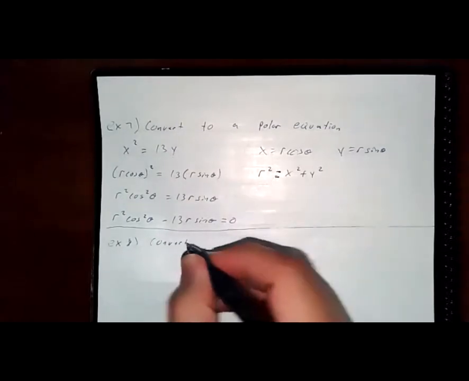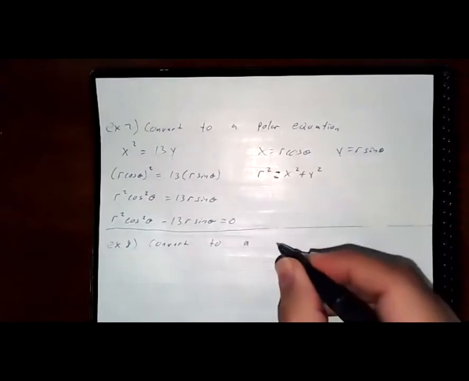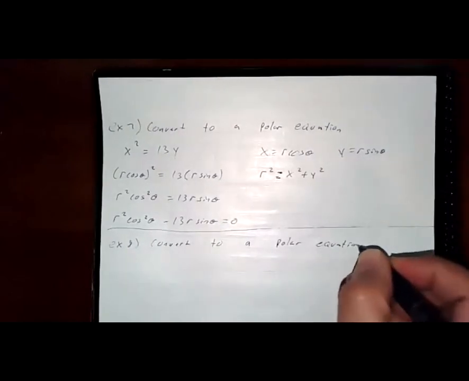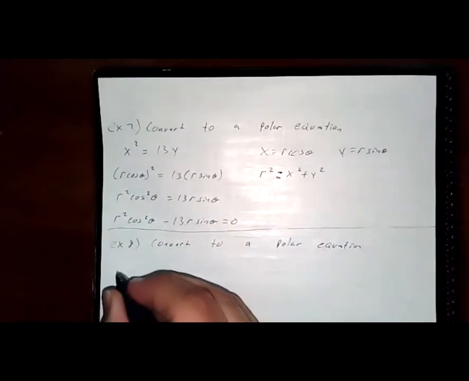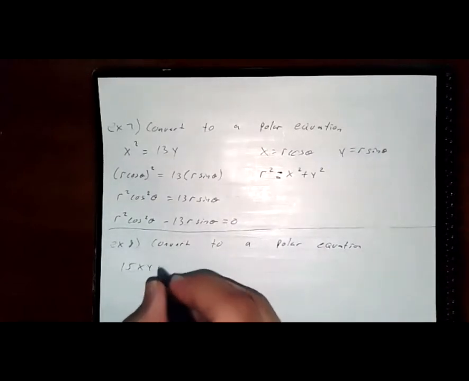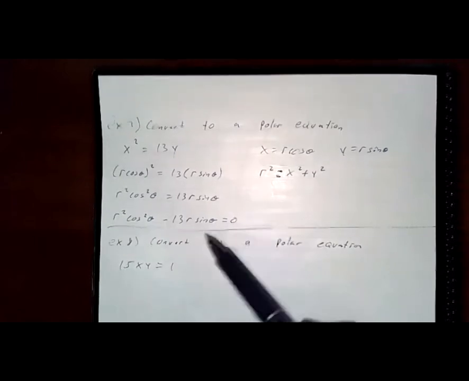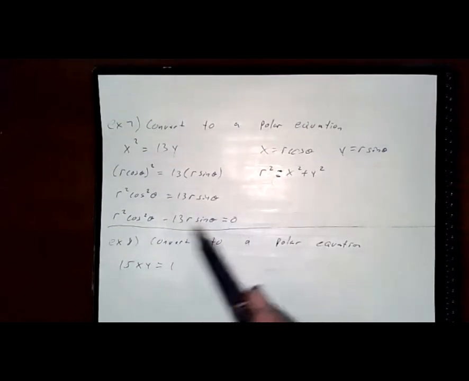Convert to a polar equation: 15xy equals 1. So on these, you can sometimes simplify a little further, even though this is correct. Sometimes there's more you can do because we have all those identities that we've learned.